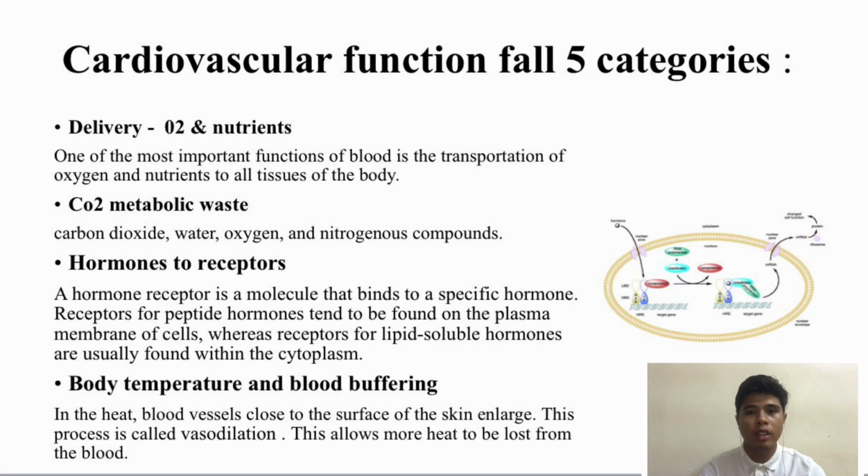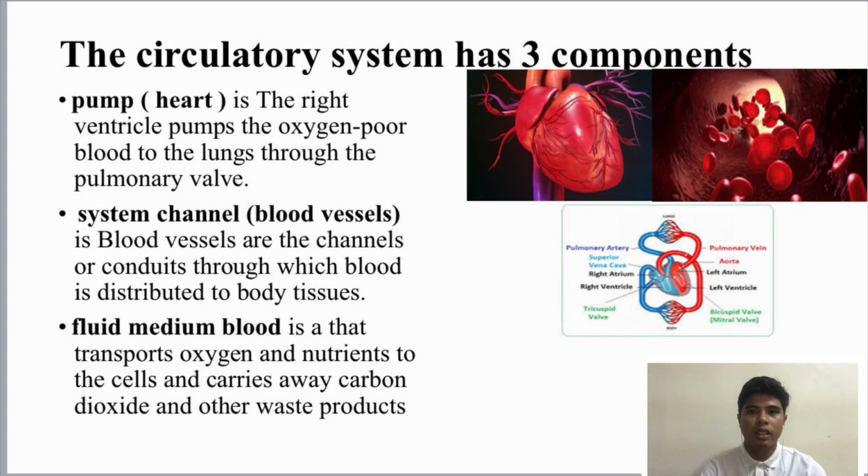This allows more heat to be lost from the blood. And the last one, number 5, dehydration and infection. Prolonged or repeated bouts of dehydration can cause urinary tract infection, kidney stones, and even kidney failure. In the next slide, the circulatory system has 3 components.